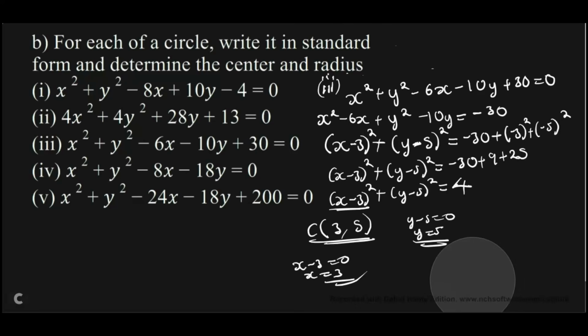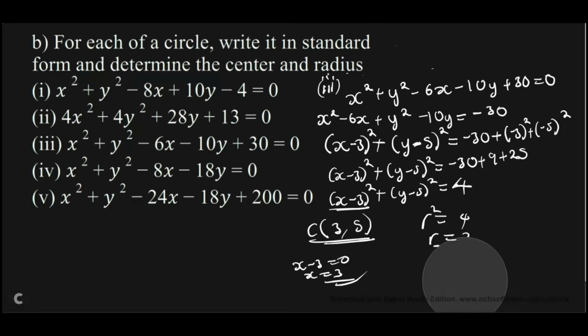So that's how we get everything there. Then the next one is the radius. In this part, the radius is 2. That's all, right? So that's how we answer question 3.